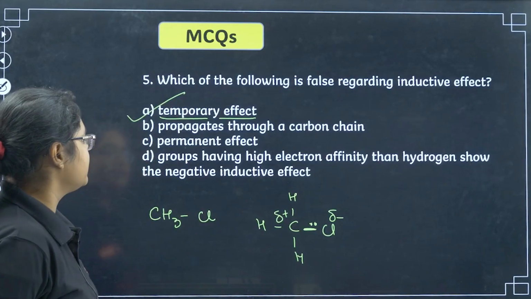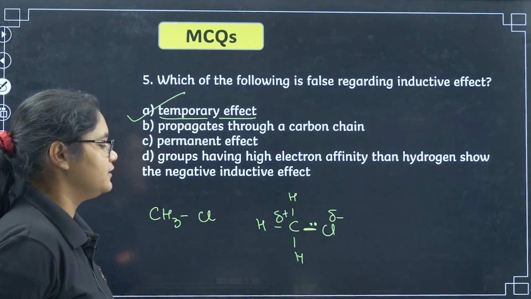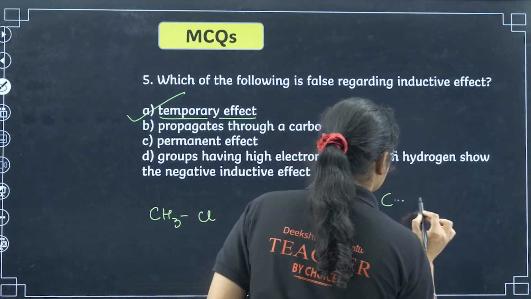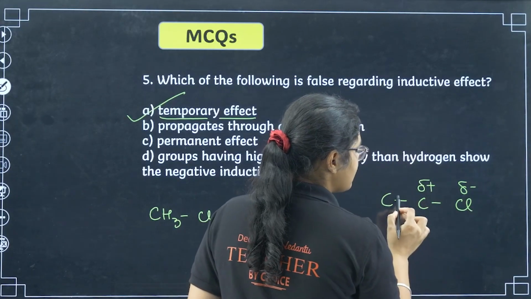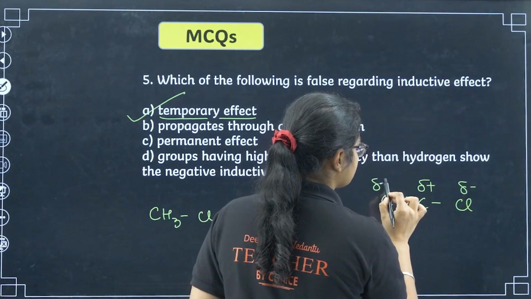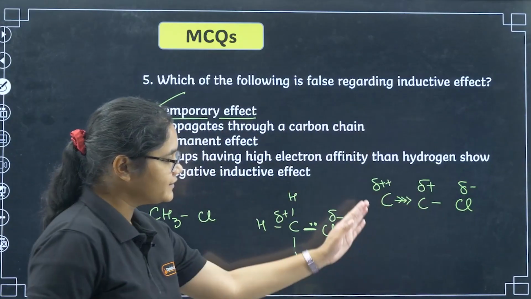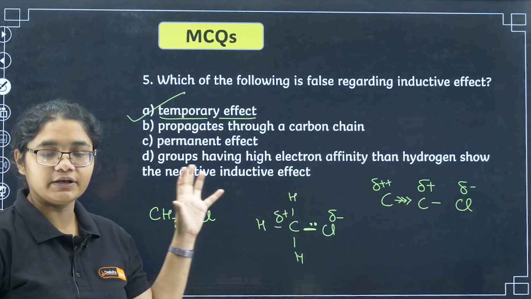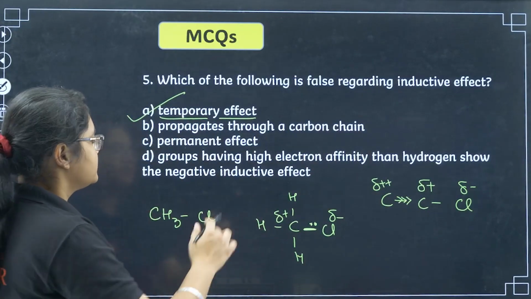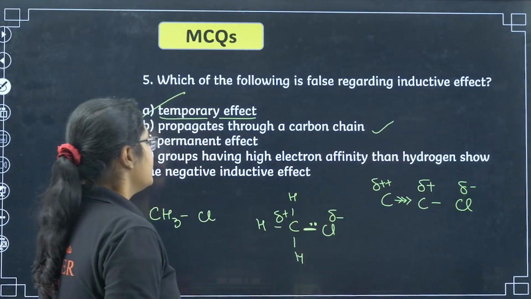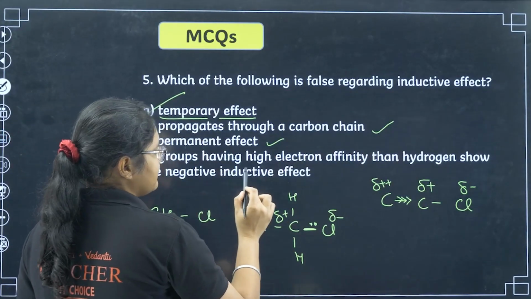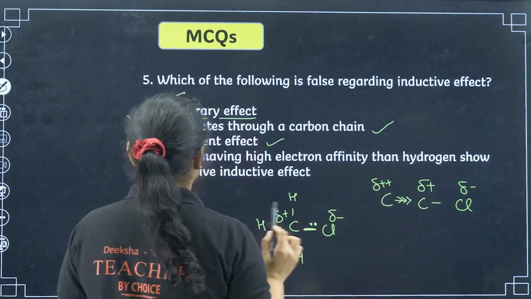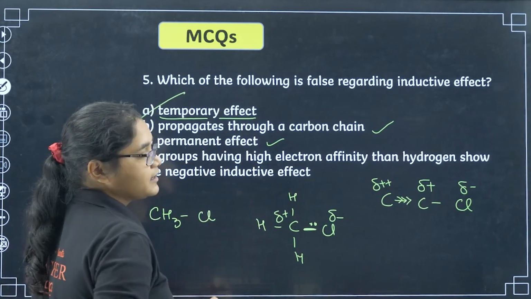Let's see the other statements. Propagates through a carbon chain. Yes, if I have a 2 carbon chain like this, this becomes delta minus, this becomes delta plus, then it pulls the electron towards itself, and this becomes delta plus plus. Like this, the effect continues throughout the carbon chain, so this is a correct statement. It is a permanent effect, yes, we have just discussed that. Groups having higher electron affinity than hydrogen show the negative inductive effect.